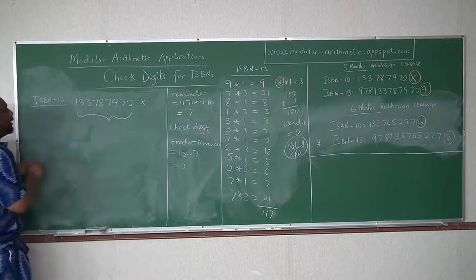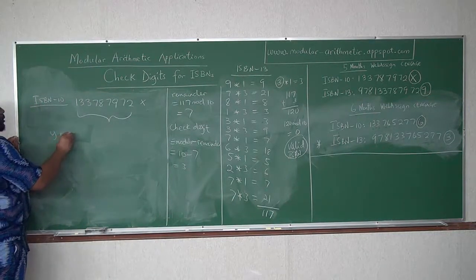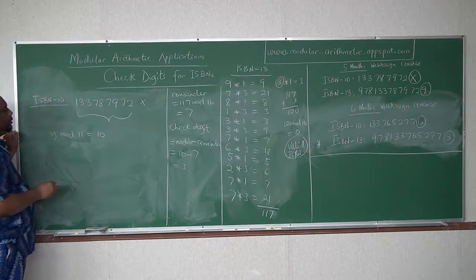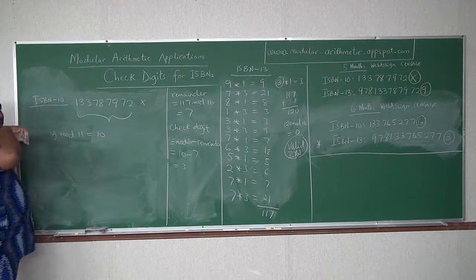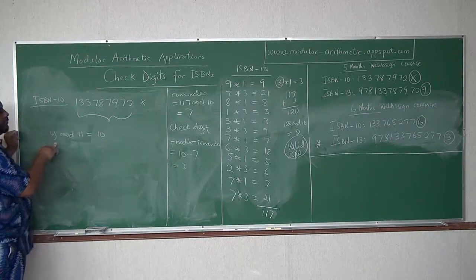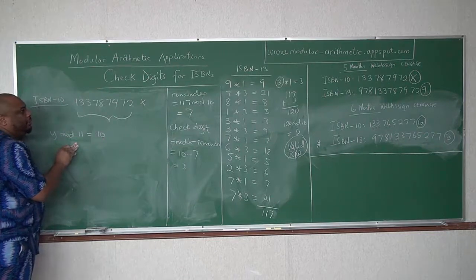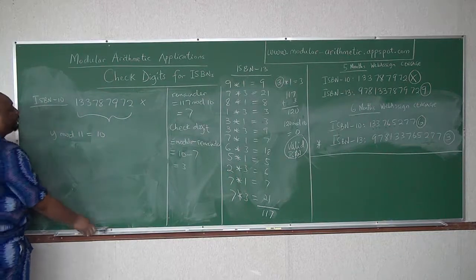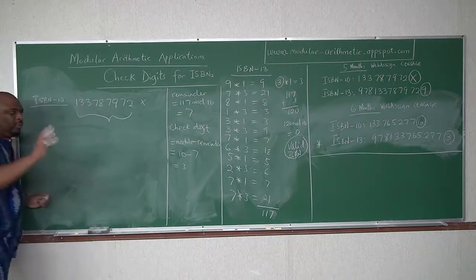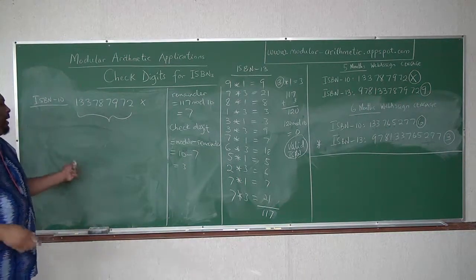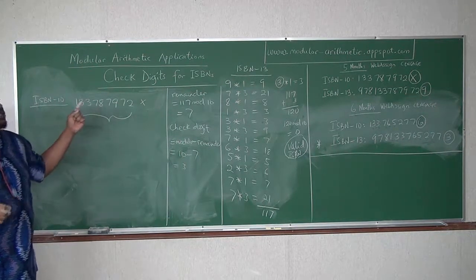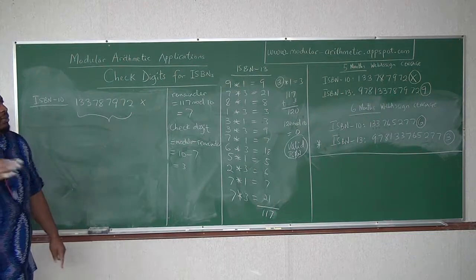Because we want to be specific, 10 mod 11 is 10. Let's quickly just do this. I'll show it to you, and then we look at conversion.